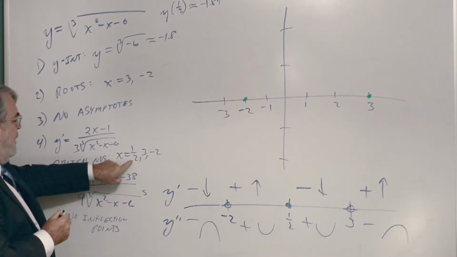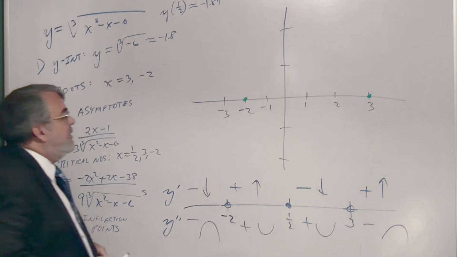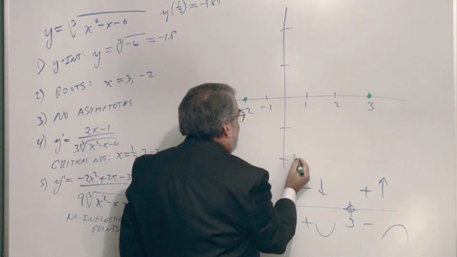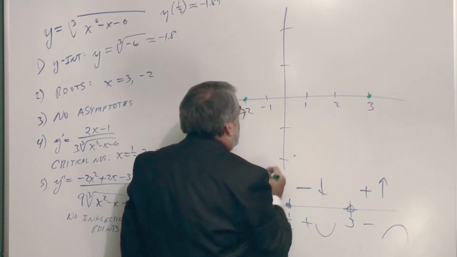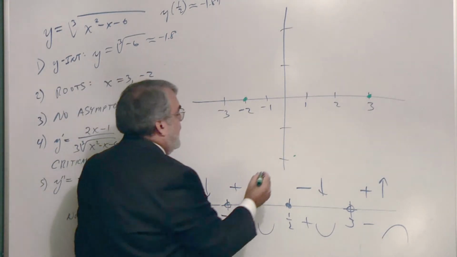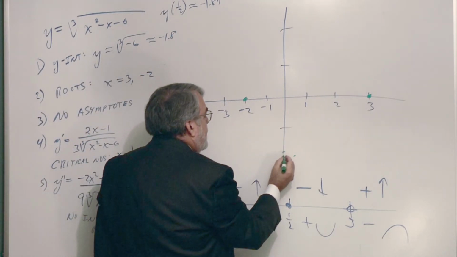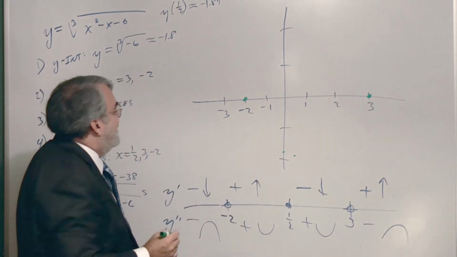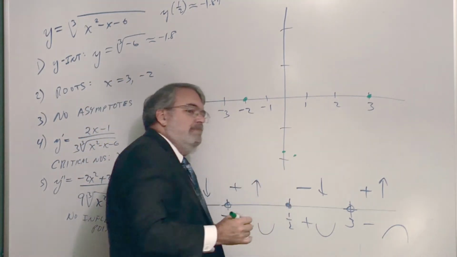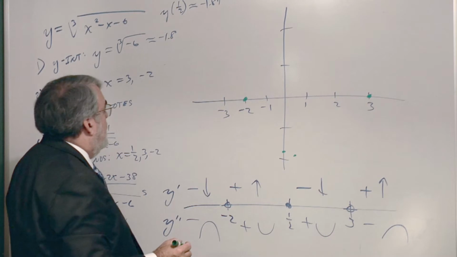Alright, so y at 1/2 is minus 1.84, about here. And the Y-intercept was very close to that, just a hair above it. There we go. So 1.84. Is that okay? All right.